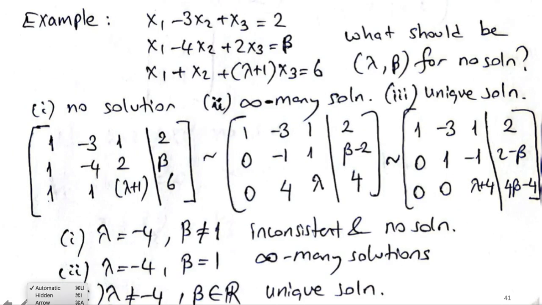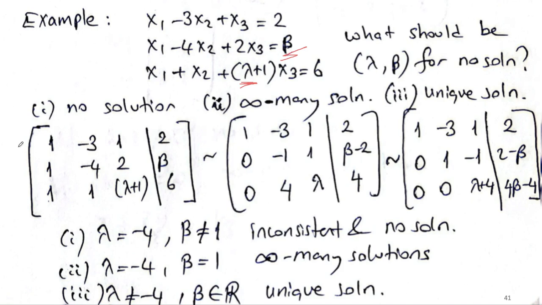Another example, here we have a system of equations, but the system depends on some real constants, lambda and beta. So the question is, according to different scenarios, what should be the lambda and beta value for this problem?